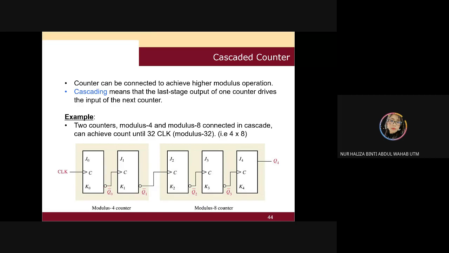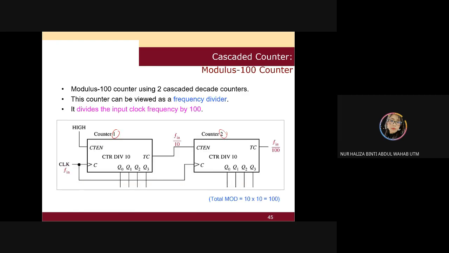As long as it is connected to the output of the previous flip-flop. Similar also, when you cascade with another modulus counter, this clock is not bringing to here, but instead the final output will be connected to the next clocks. That's why this clock will be continuous divided. Okay, so this is the basic that you need to remember.